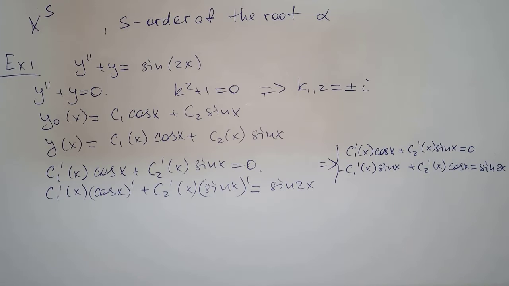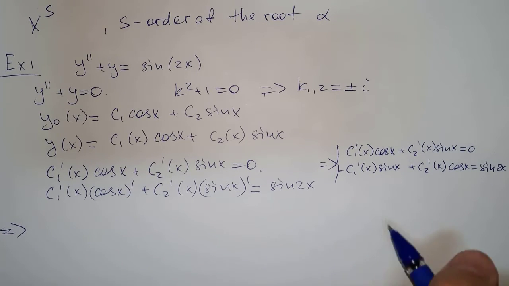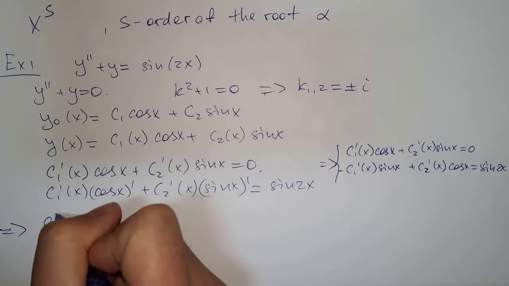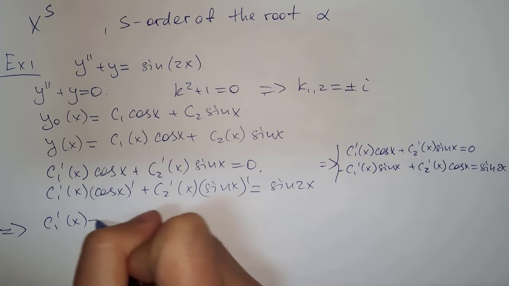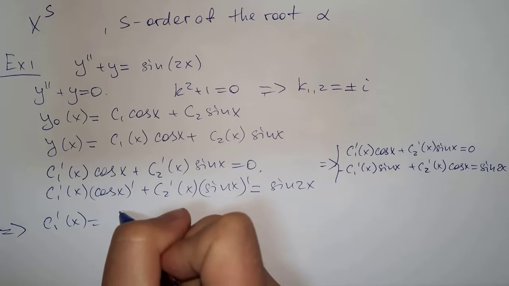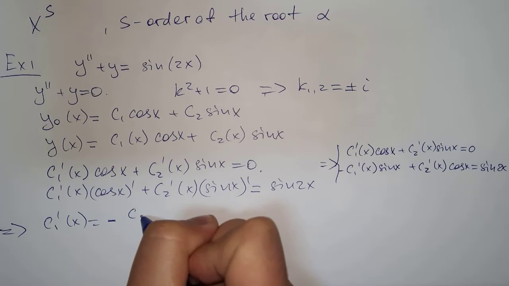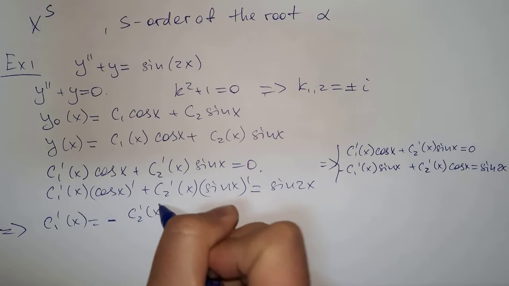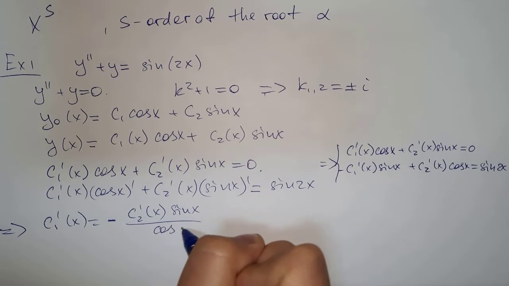Okay, so we have the following system, and now we can express the derivative of c1 of x from the first equation. It will be minus c2 prime of x sine x over cosine x.